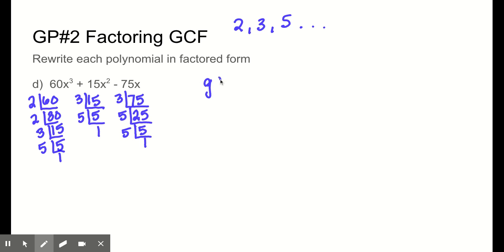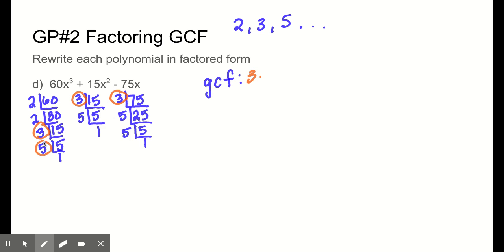So let's go ahead and put this back together to figure out the greatest common factor. So here we have a 2, but these two values are not divisible by 2, so the 2 will not appear as part of our greatest common factor. So we move on to the next one, and this has a 3. They all three have a 3 in common, so the GCF will start with a 3.